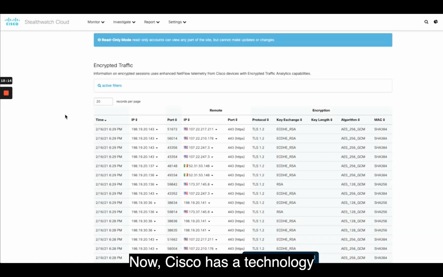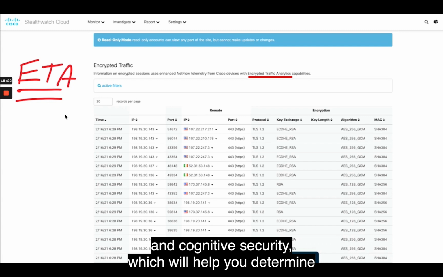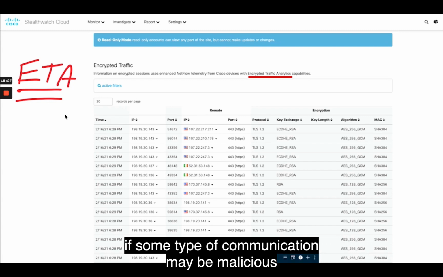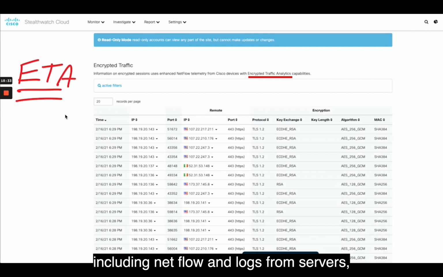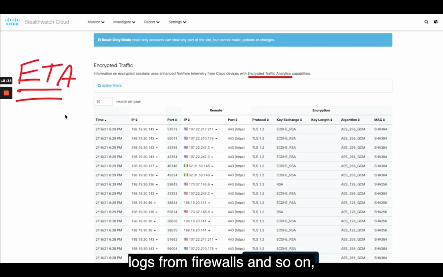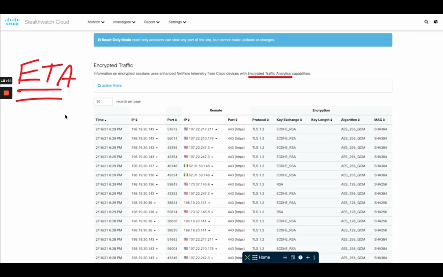Cisco has a technology called Encrypted Traffic Analytics, which is integrated into StealthWatch and Cognitive Security, and helps you determine if some type of communication may be malicious by examining that network metadata, including NetFlow and logs from servers, logs from firewalls, and so on. It also uses behind the scenes something that we call cognitive security.